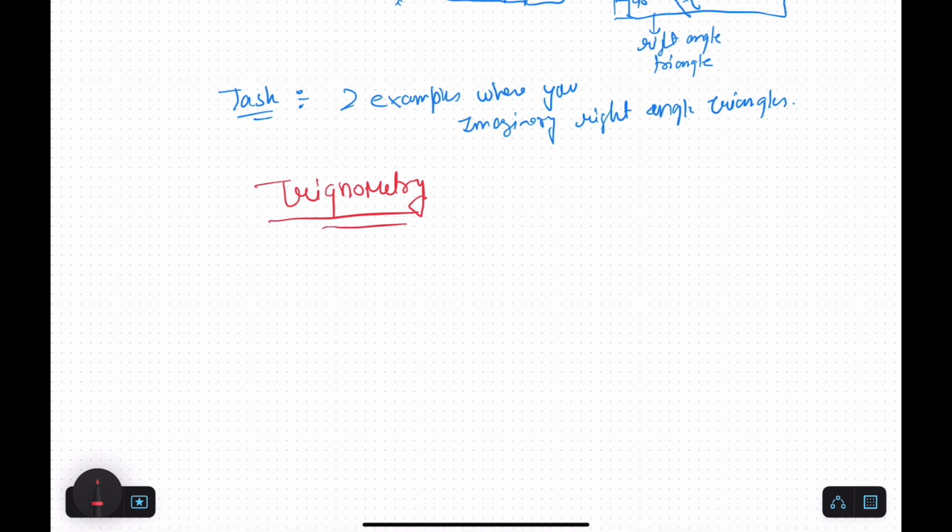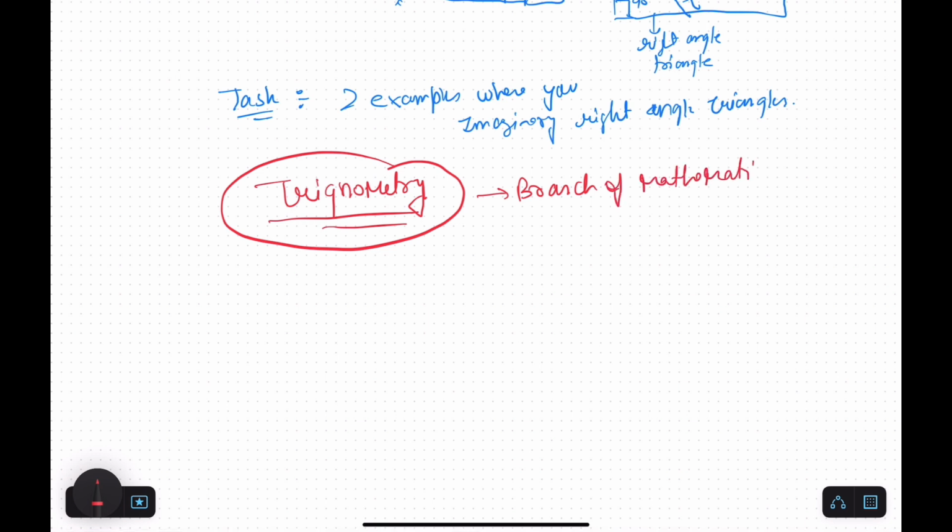In all the above situations, there were distances or heights which can be found using some mathematical techniques, and this all comes under a branch of mathematics that we call trigonometry. This is a very, very important branch of mathematics, and let me tell you, this is also used in physics, and most of the derivations are derived using these trigonometric identities and ratios.